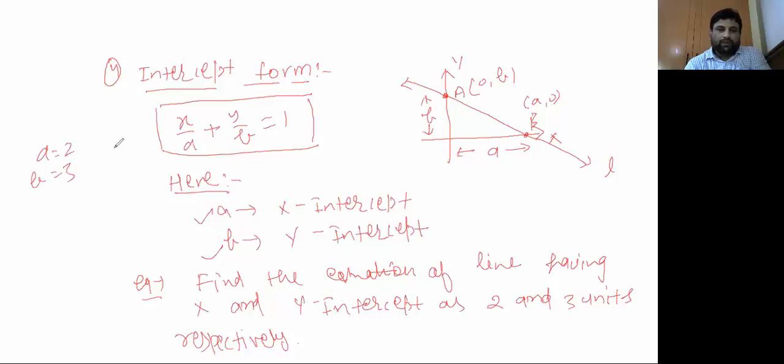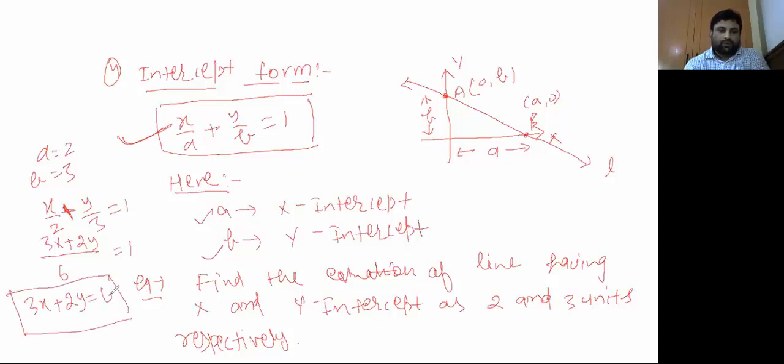So we can apply this formula and write x upon 2 plus y upon 3 is equal to 1. Now we can simplify. We can take the LCM 6. So 3x plus 2y is equal to 6. So this is the equation of the line. There are many questions in the NCERT also related to this intercept form. We will discuss later.